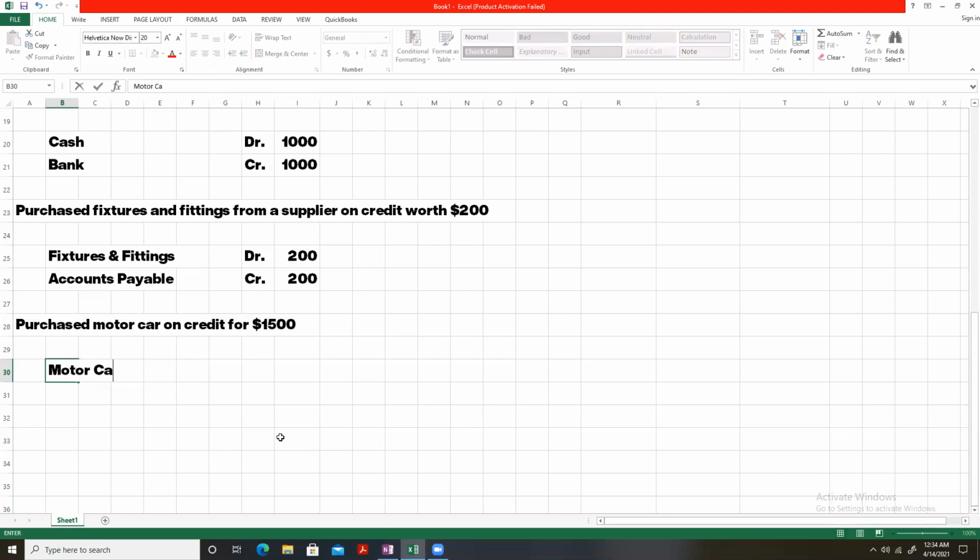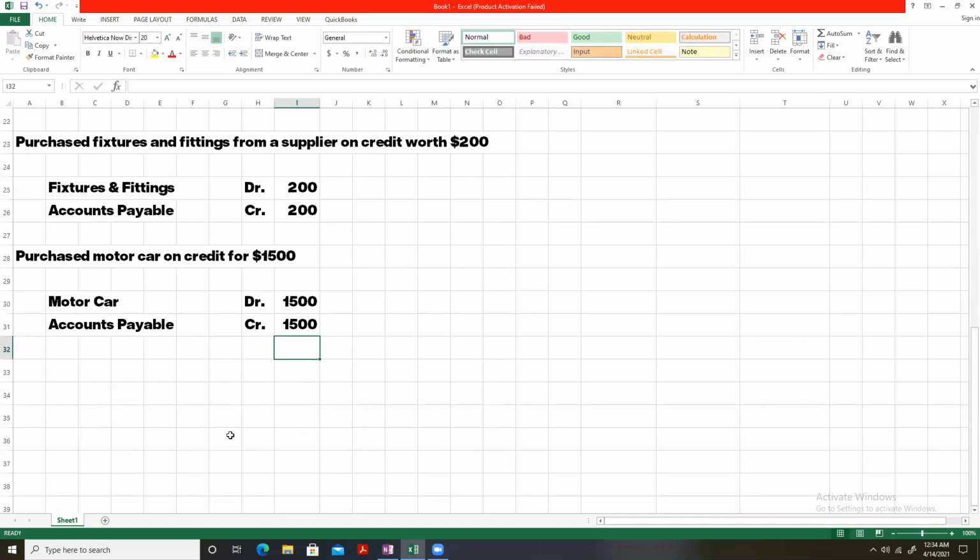So an asset will increase as a result of buying the motor car, so we will debit the motor car account. But since we purchased this motor car on credit, this is a credit purchase, we will credit the accounts payable account.